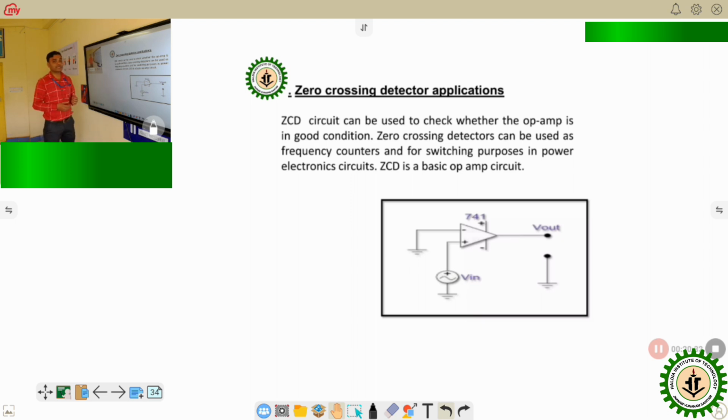Zero crossing detector is applicable to find out its performance, whether it is a good op-amp or not. Zero crossing detector can be used as a frequency counter and also for switching purposes in power electronic circuits. ZCD, meaning zero crossing detector, is a basic op-amp circuit.